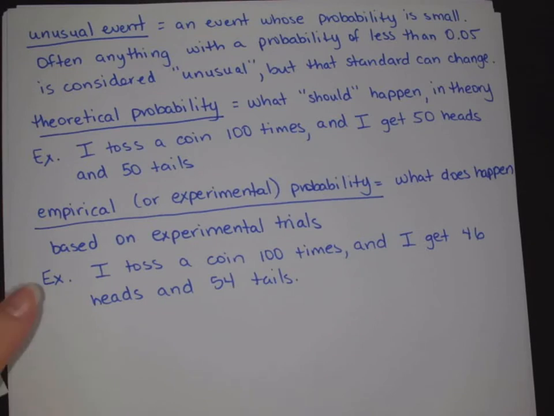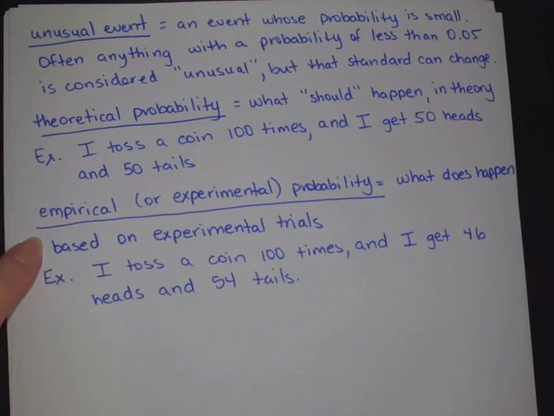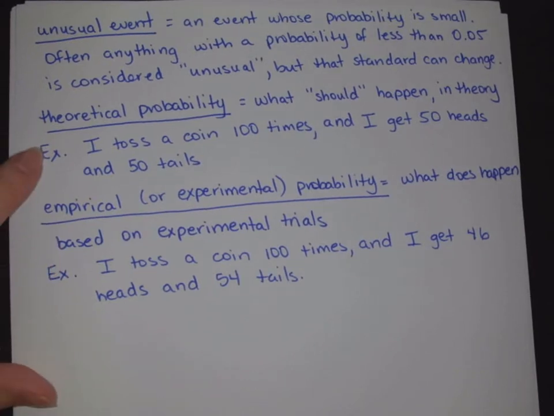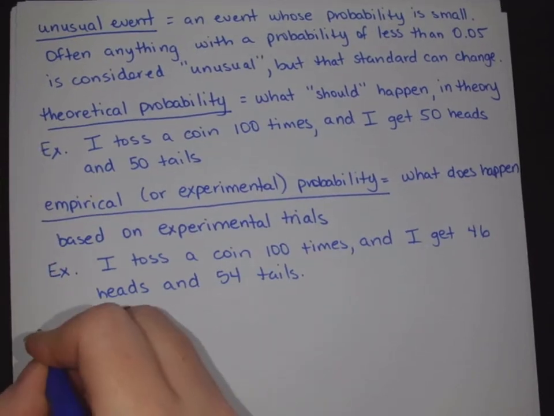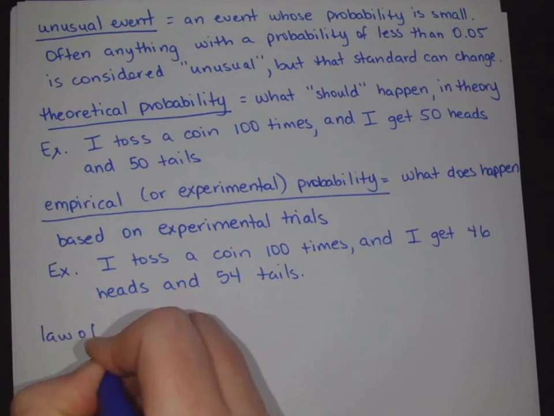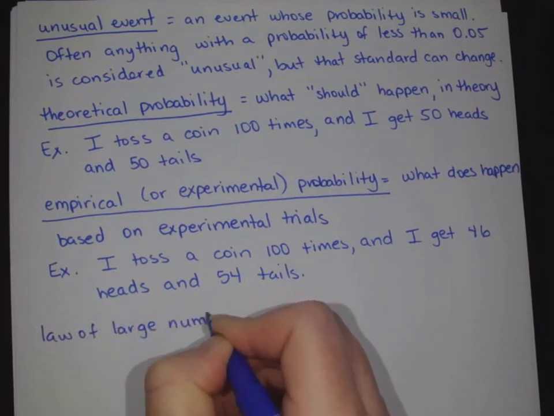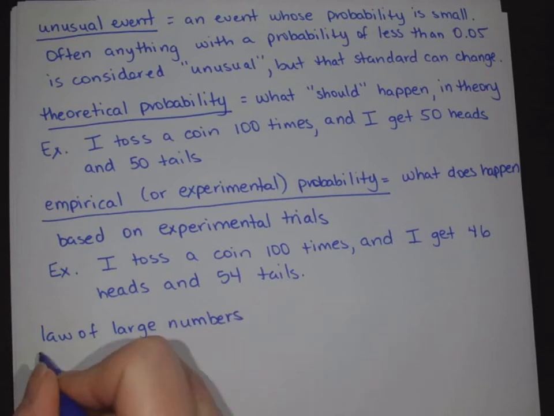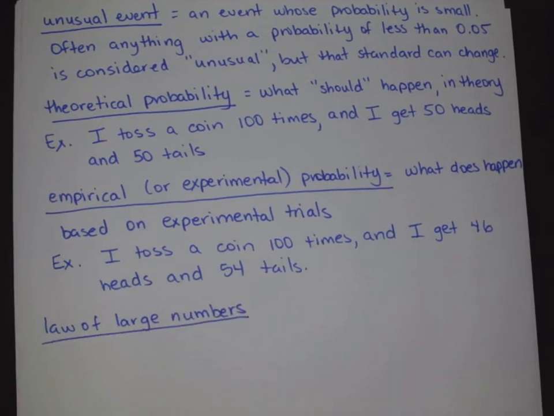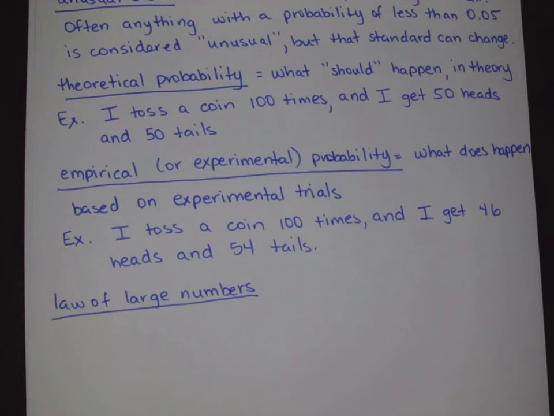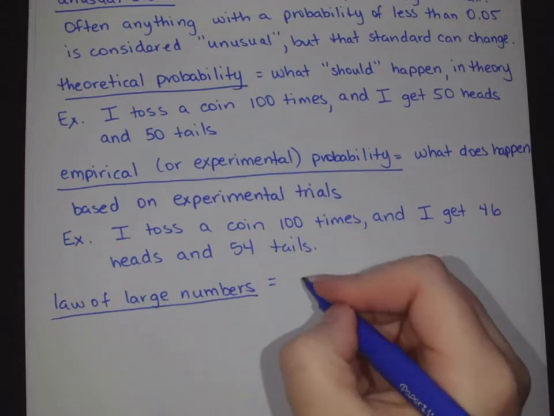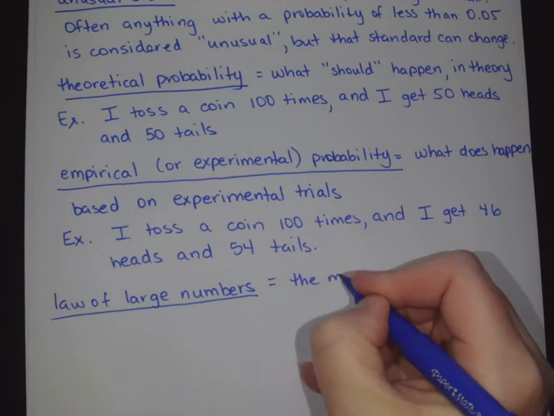But what we're betting on when we go and play is that we're hoping that the experimental probability will be different than the theoretical probability. That's what we're hoping for. Sometimes it happens, but if you look at the large numbers, which is what we're looking at next, if you look at people as a whole, the reason the casinos are making so much money is because as a whole people are losing. The games are structured so that the house always has the advantage.